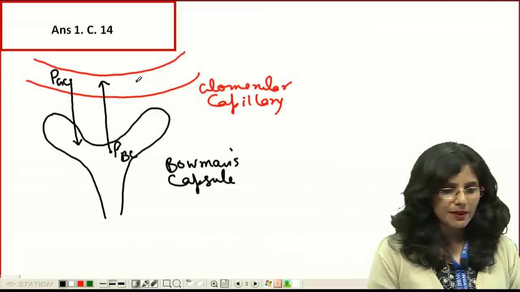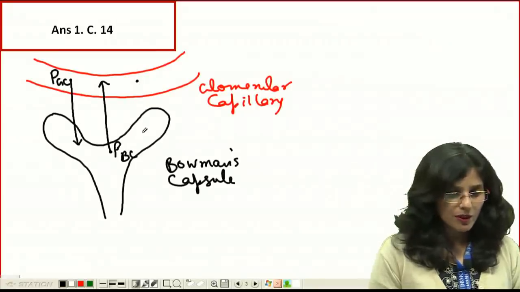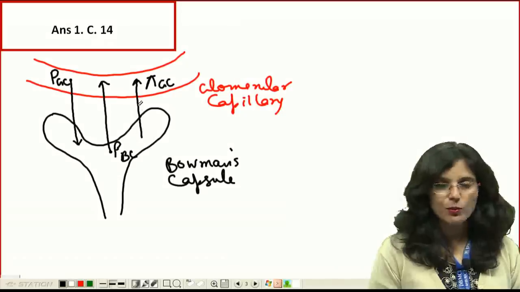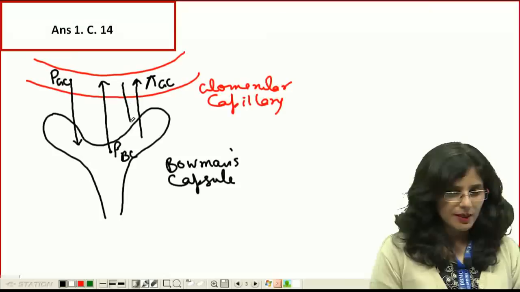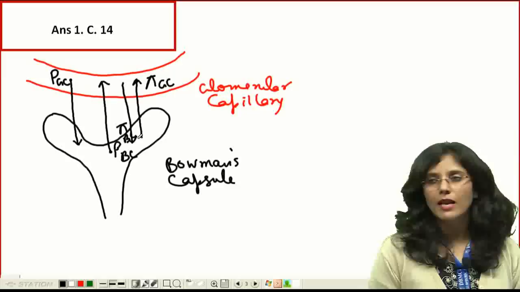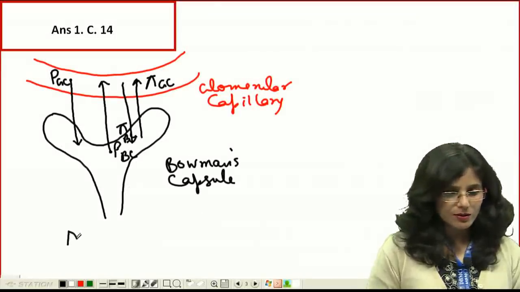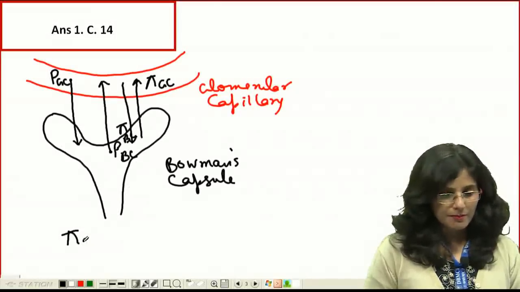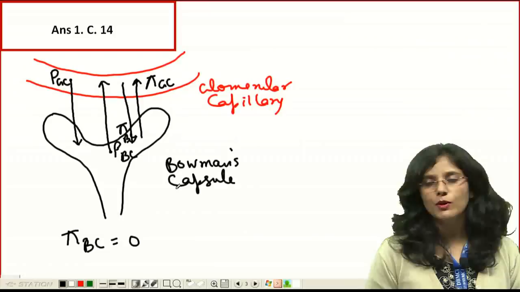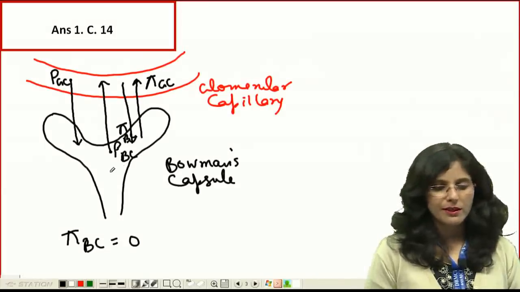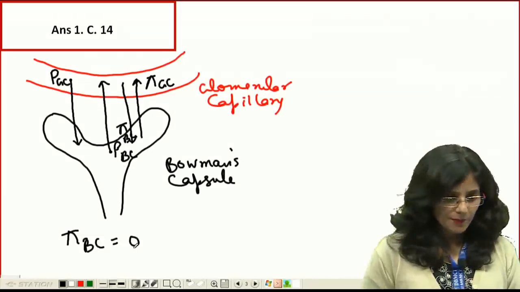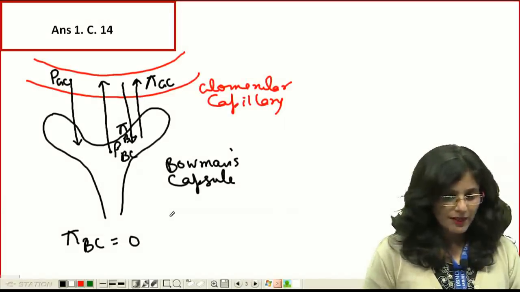In the glomerular capillaries, the oncotic pressure is pi GC, which is opposing the filtration, and in the Bowman capsule the oncotic pressure is pi BC, which is helping in the filtration. But here pi BC is equal to 0, because in the question it is given that there is no albumin in the Bowman capsule. Okay. Now the filtration pressure.